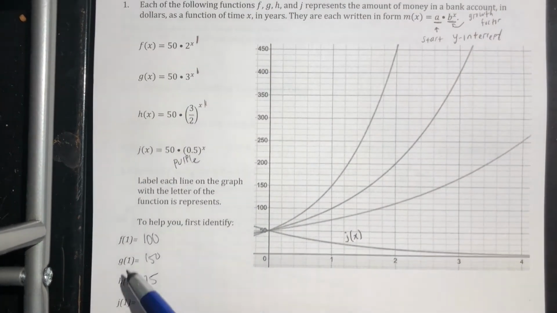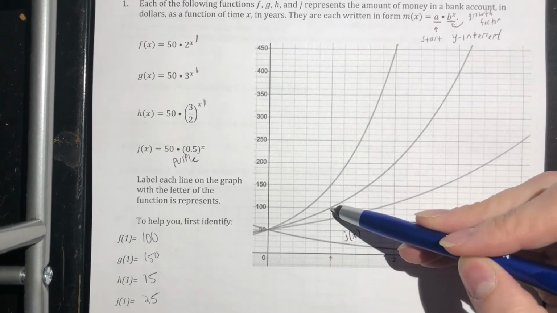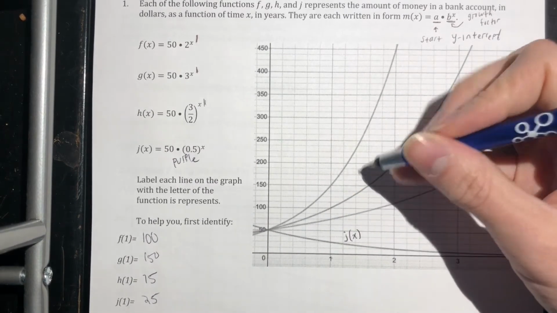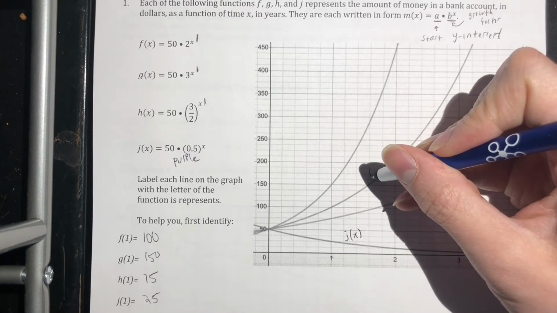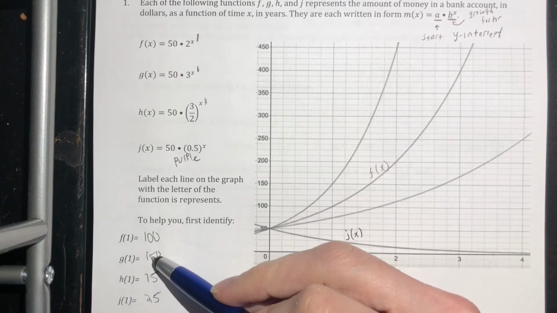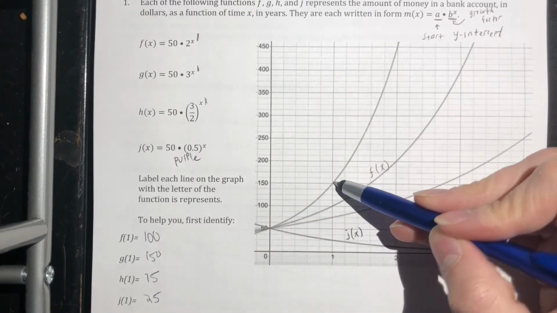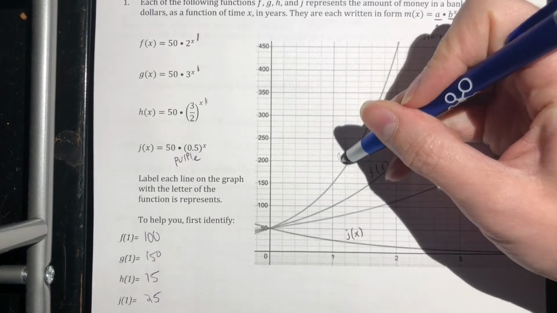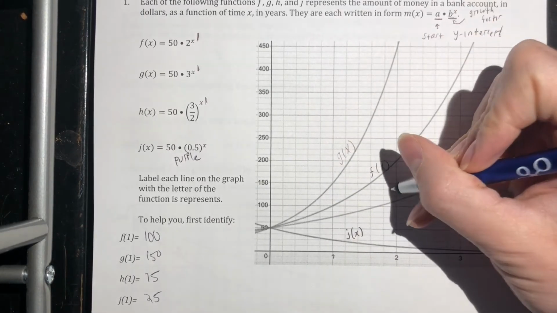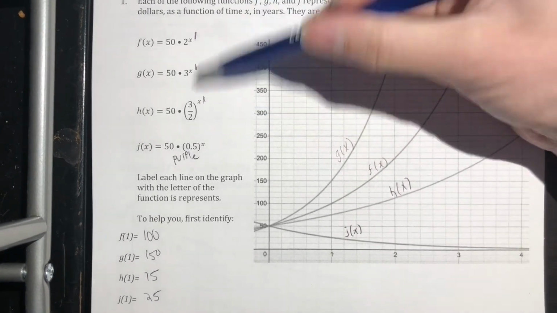All right, f of 1 is 100. So after 1 year, the account's got $100, which is that middle graph right there. So that one's going to be f. g of 1 is at 150, so g of 1 has to be right here. So that's g of x, and that leaves this last one to be h of x. But also, I can think about this: which growth factor is the highest?